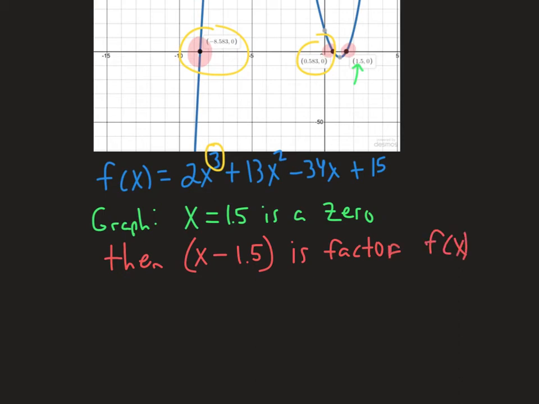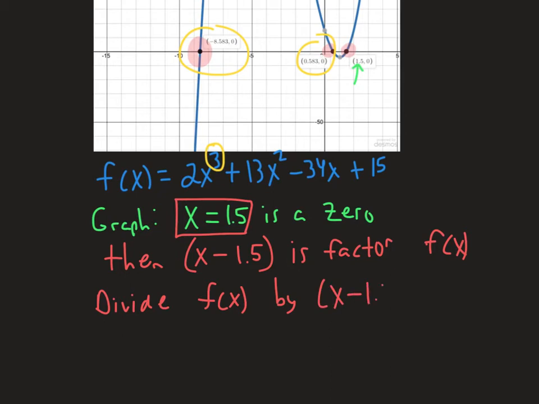So we know one of the factors is going to be x minus 1.5 because x equals 1.5 is a 0. So what that allows us to do is divide f of x, which was the original function, by x minus 1.5.